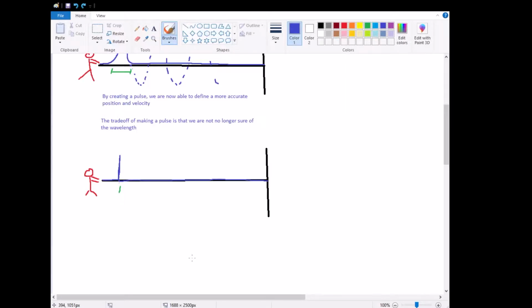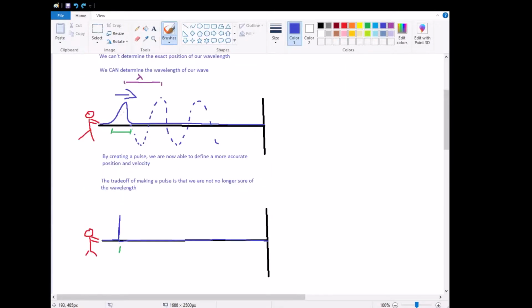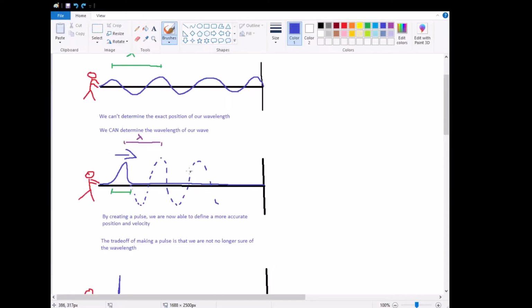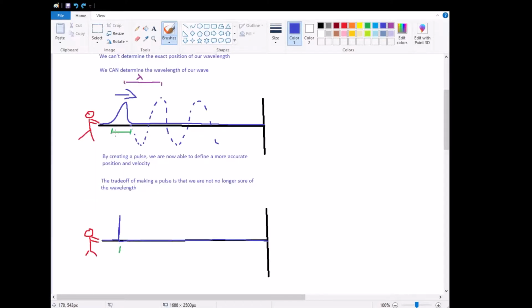And if I were to zoom in, I would once again have this same scenario, where I have this interval of position of my pulse, and as I zoom in more and more, the interval gets larger and larger. If I wanted to make the position more and more definite, I would have to make the pulse smaller, thus making my knowledge of the wavelength of this function less and less accurate.